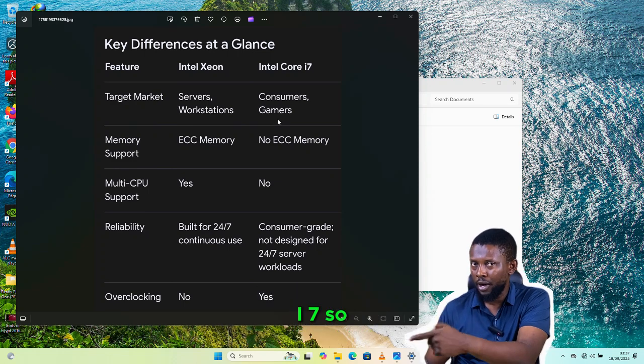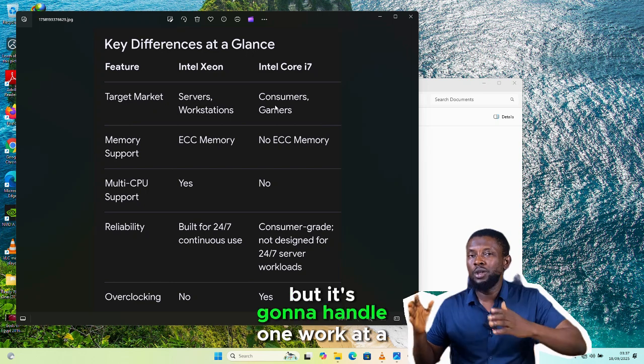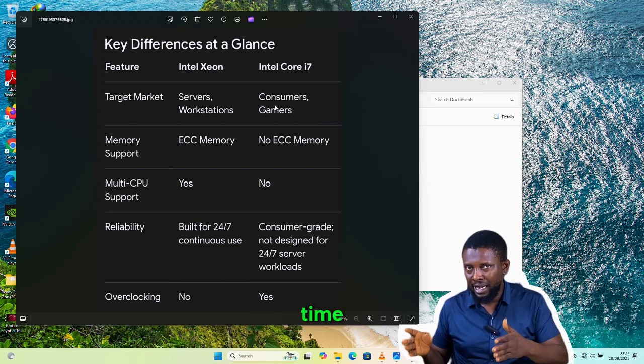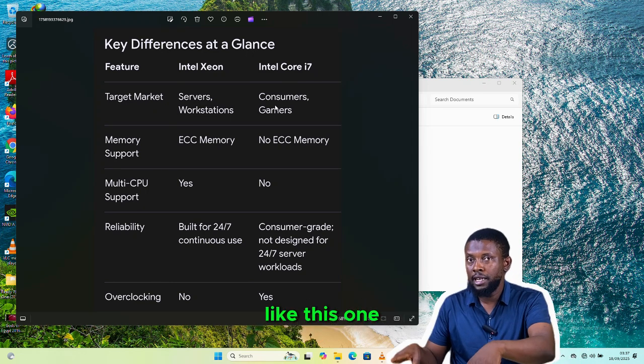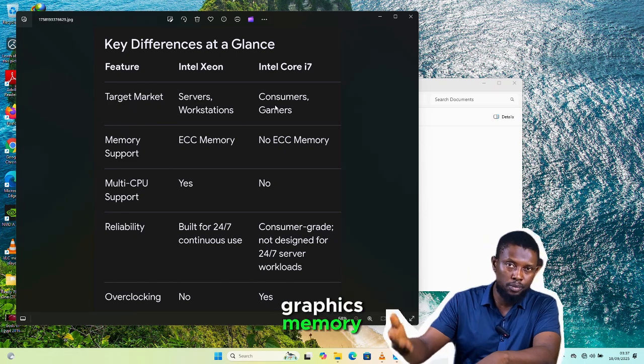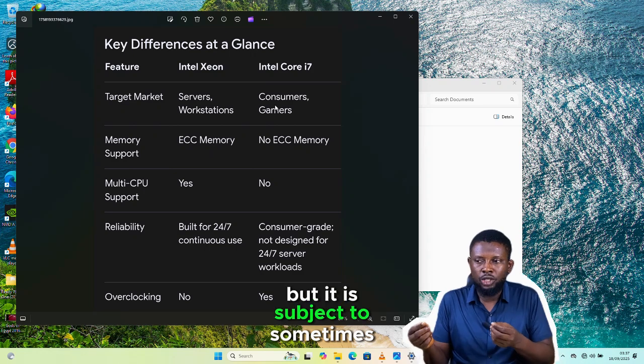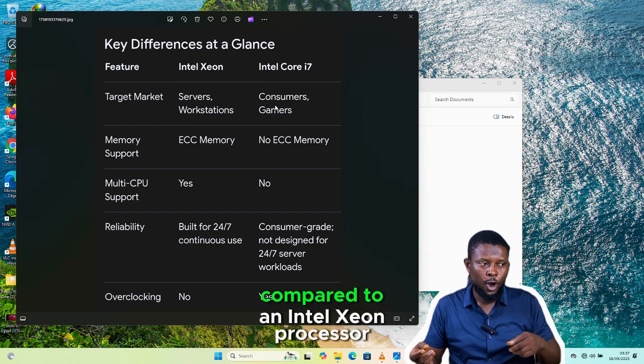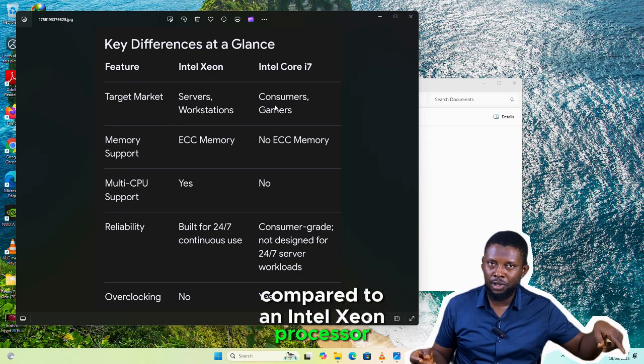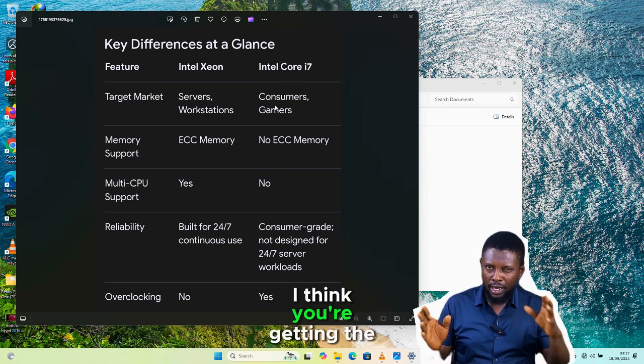That's why you're buying a Core i7. But it's going to handle one job at a time. There are some Core i7s like this one, carrying a very huge graphics memory, that can also do 2-3 jobs at a time, but it is subject to sometimes crashing compared to an Intel Xeon processor that is a workstation. I think you are getting the difference.